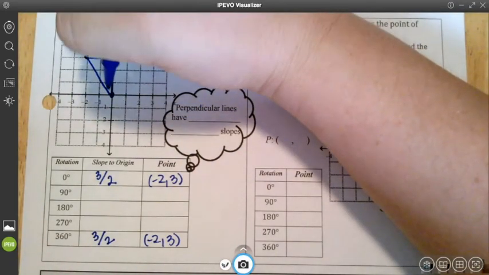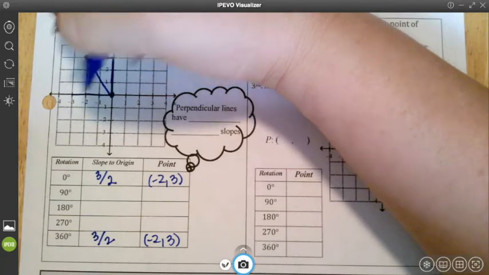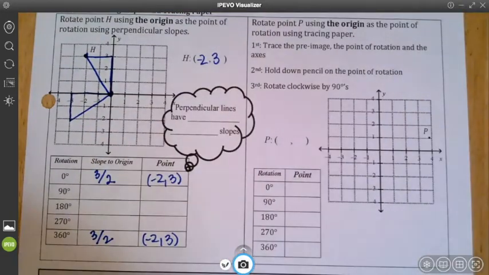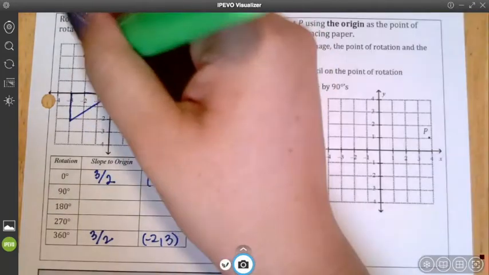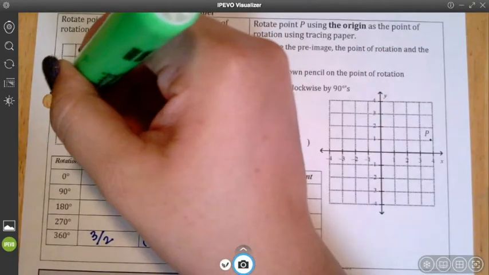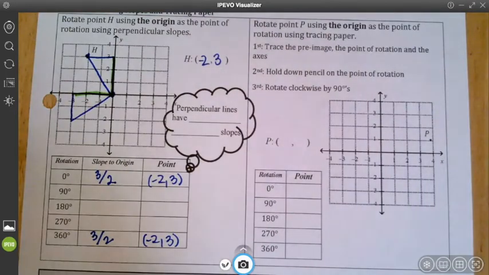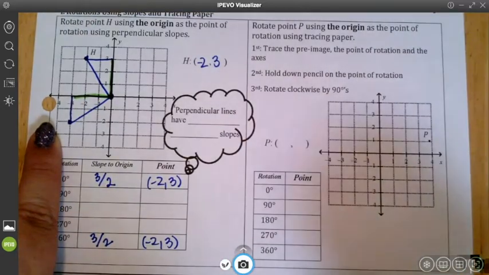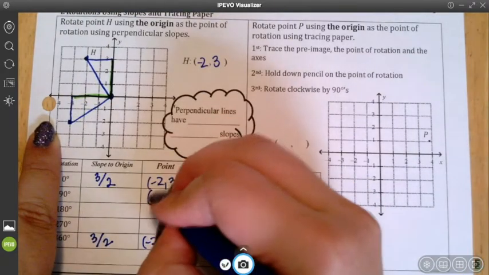So this went 3 on the axis, this goes 3 on the axis. Notice I'm drawing the same triangle, starting with how far along the axis it was, and drawing that line first. So my new coordinate here, 90 degree rotation, is at -3, 2.